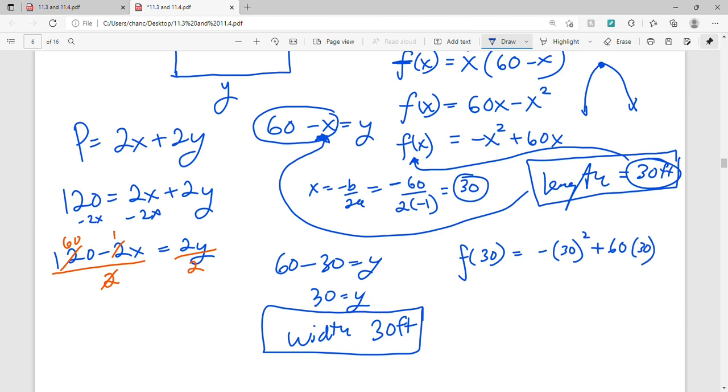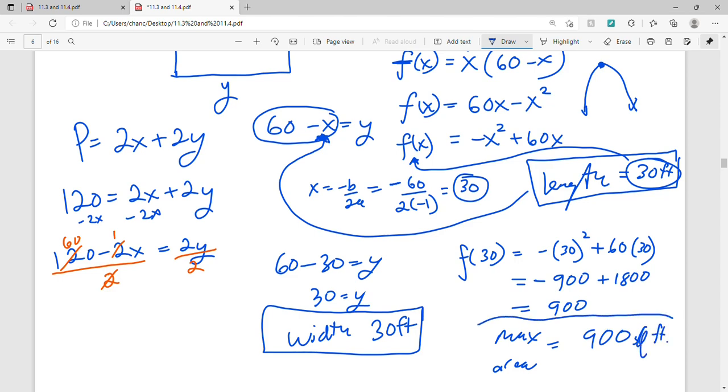If you were to do the calculation, you would get negative 900 plus 1,800, which gives us 900. So the maximum area is equal to 900 square feet. But that's not what we wanted. We wanted the dimensions that would yield the maximum area, not the maximum area. So the answer we're looking for is just the 30 feet and the 30 feet.